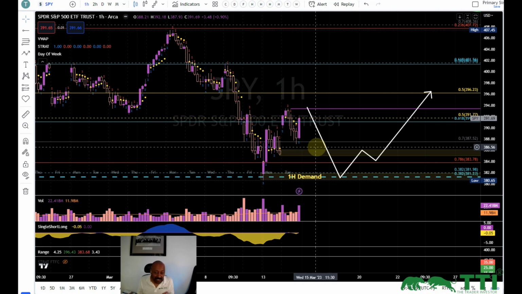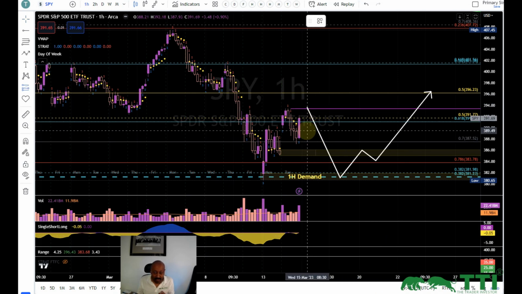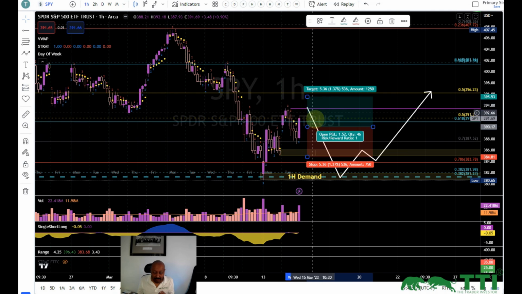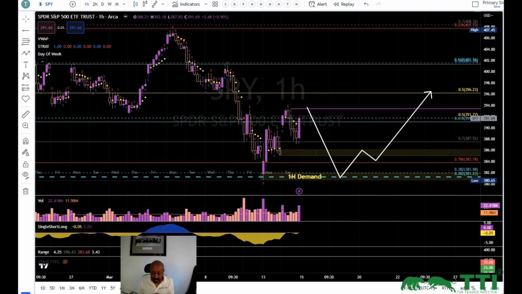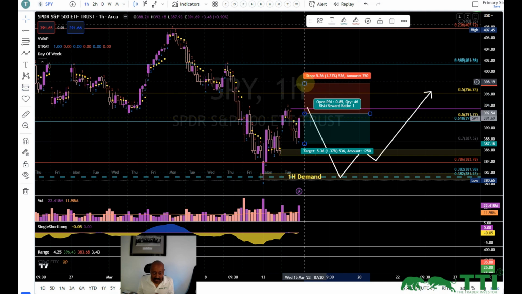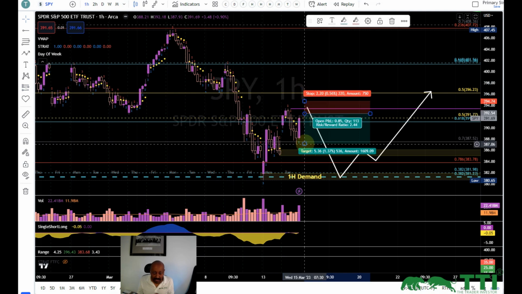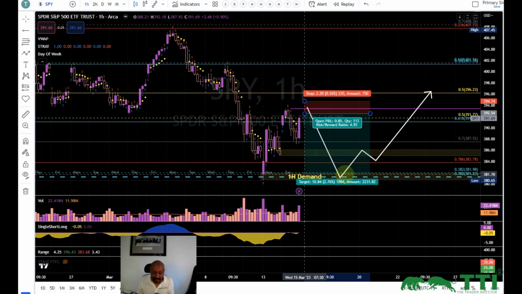At the very least, you really tighten your stop. By tightening your stop, I mean, let's say you have an entry here, you have a stop here, and your exit is down here.